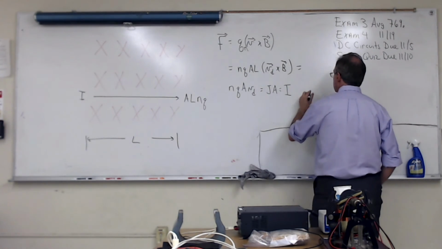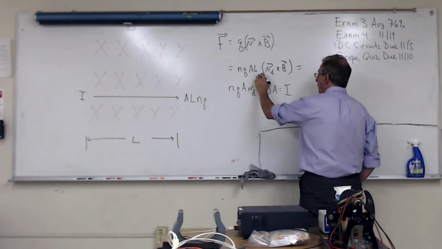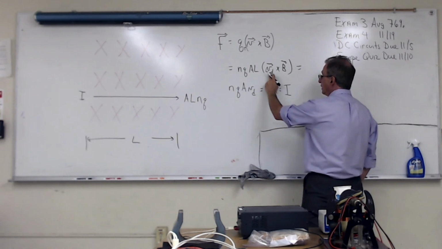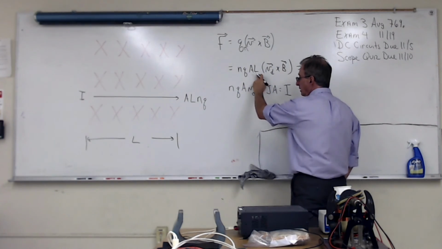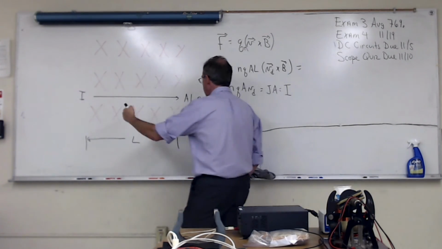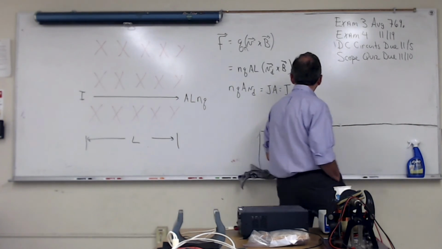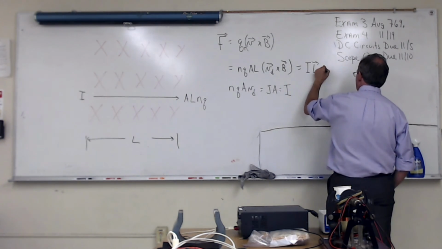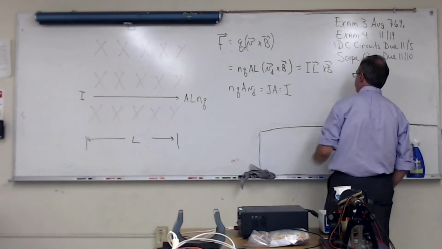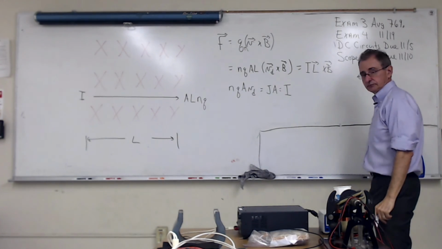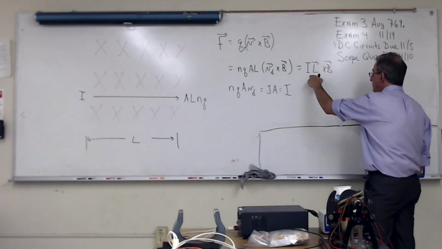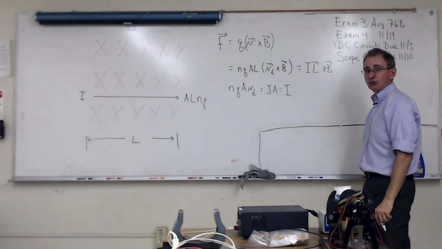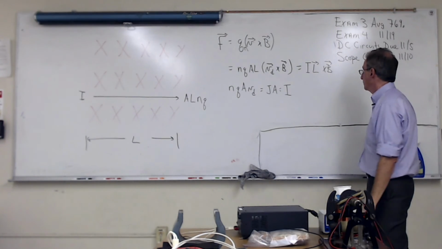Okay. So I can write this in terms of the current in the wire, and I'm going to define, instead of putting the vector here, since L is in the direction of the current, I'm going to write it in the following way. And so this is the equation for the force on a wire in a magnetic field.